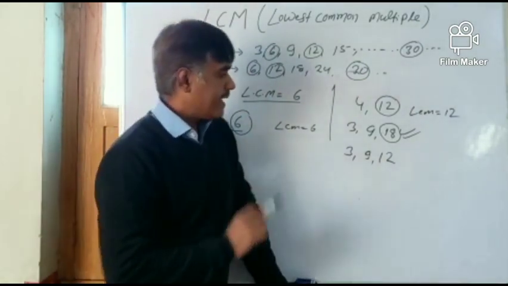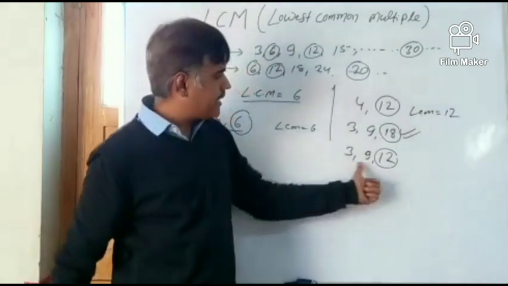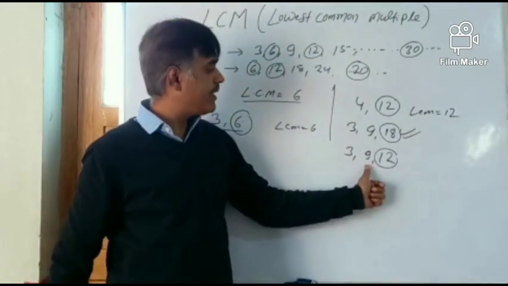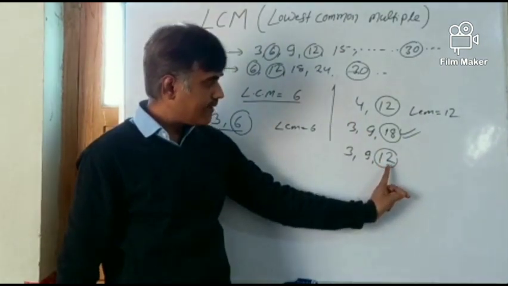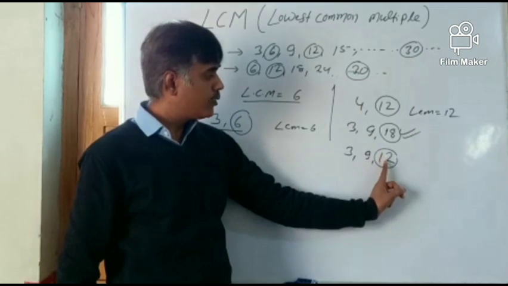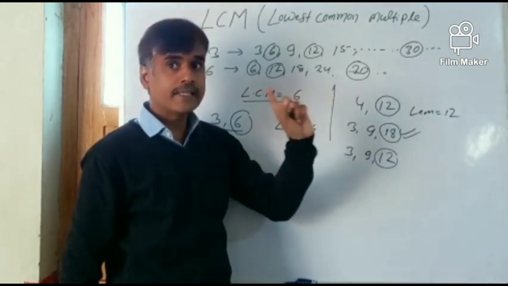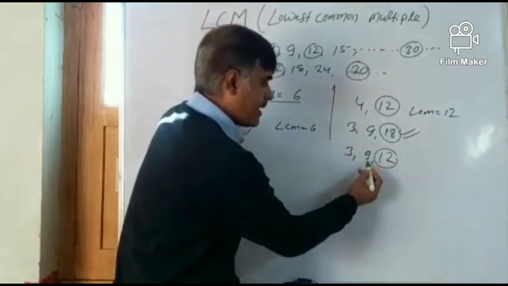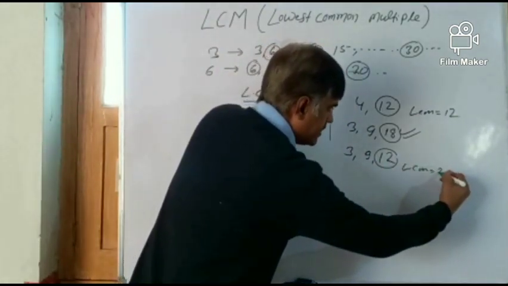In this case, we can see that the greater number is 12, and it is divisible by 3, but it is not divisible by 9. Then what will we do? We will read the table of this greater number. The table of 12: 12 2 is 24, not divisible by 9. 12 3 is 36. 36 is divisible by 9 and also by 3. Therefore, the LCM will be 36.